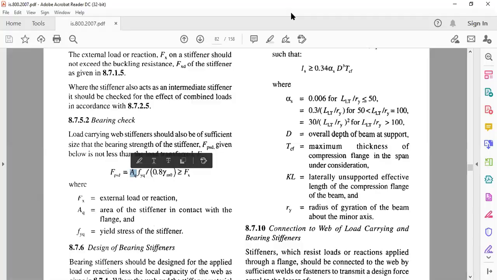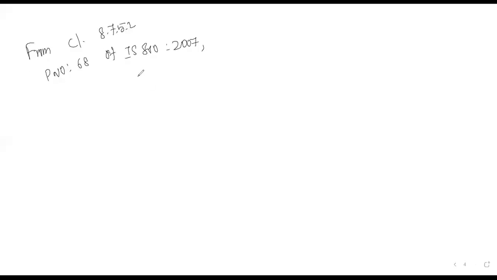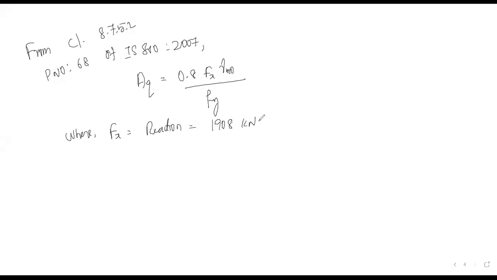So I'm going to use it right now. AQ is equal to 0.87 Fx into gamma m naught divided by Fy, where Fx is equal to our reaction. The reaction I have is 1908 kilonewton, which is nothing but 1908 into 10 cube Newton.